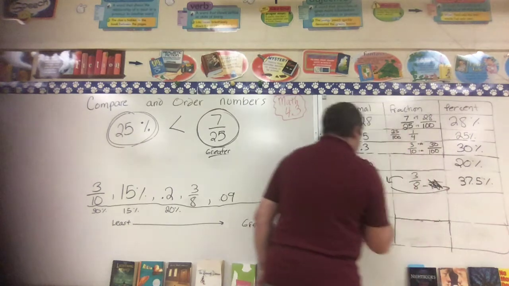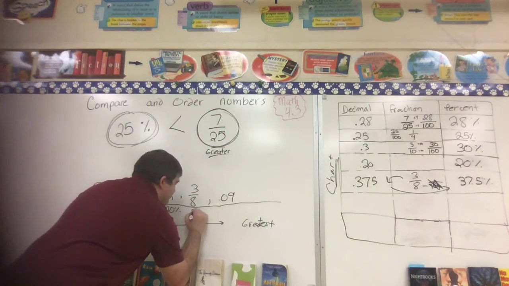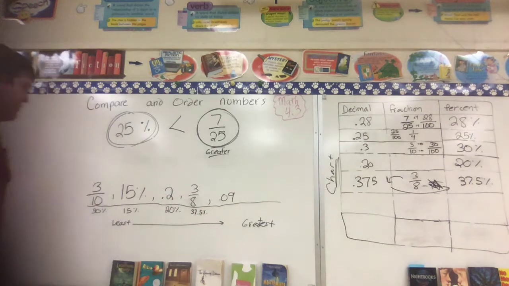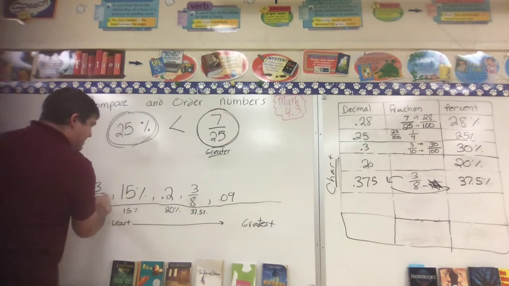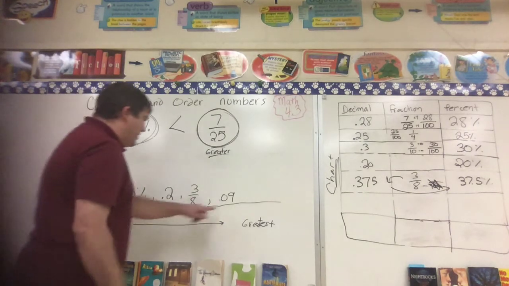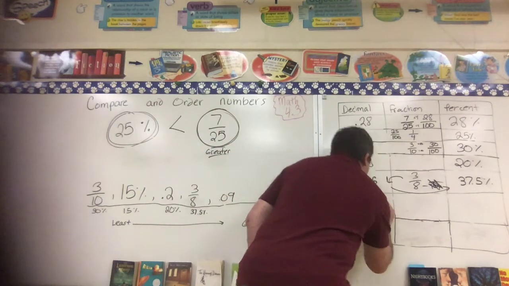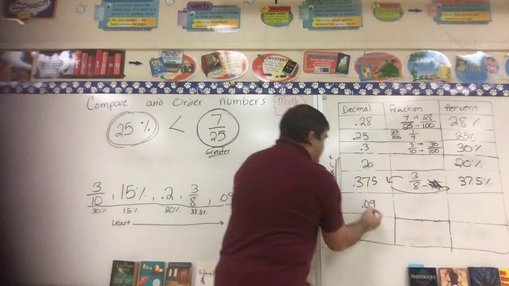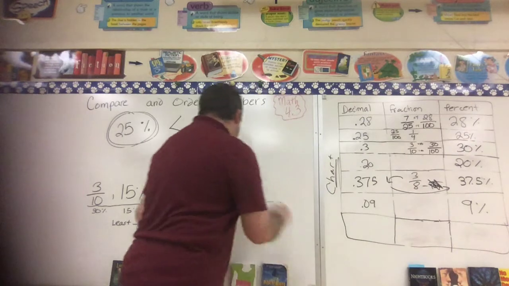Ooh, I just got the biggest one. This 3/8 is a little bigger than 3/10. Okay, now we got to figure out what this one is. 0.09. It's a decimal. I'll take it 2 over, 1, 2, gets me to 9%.